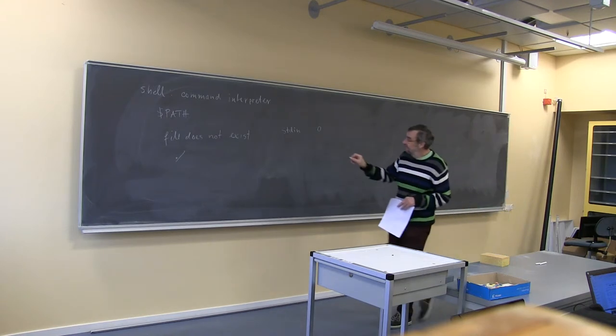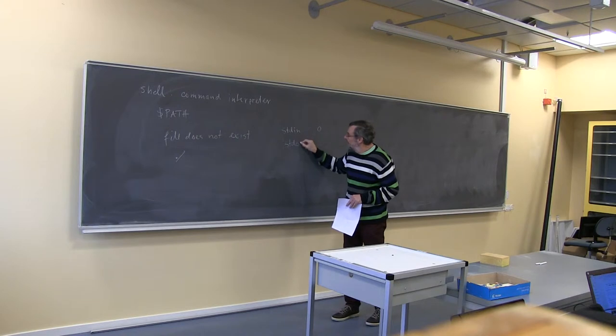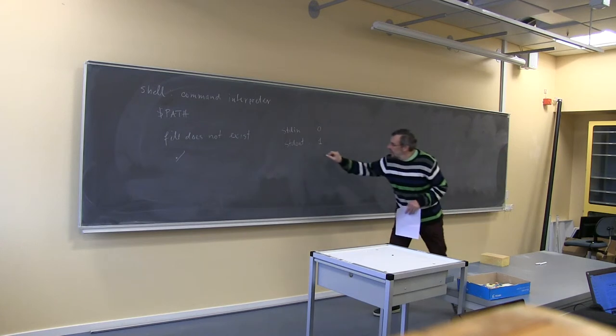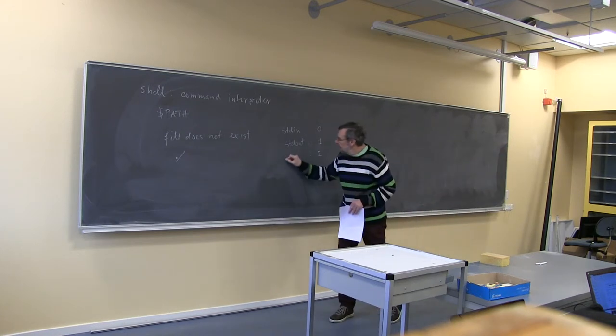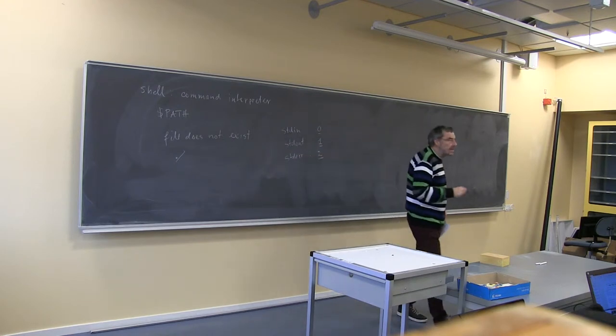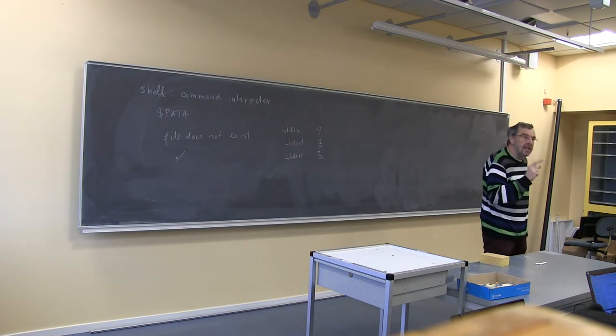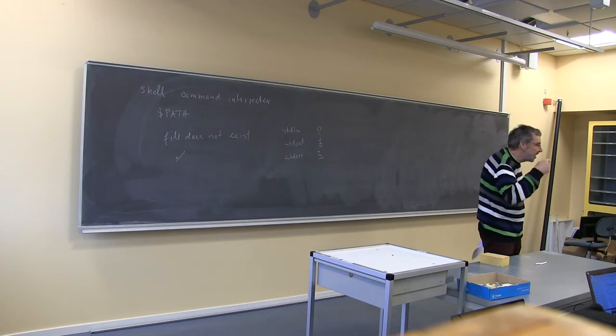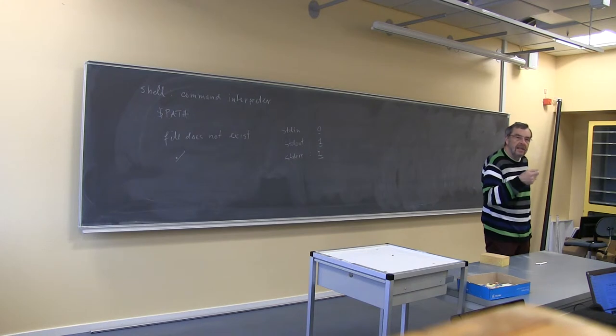Standard out is file descriptor 1, and standard error is file descriptor 2, because these three file handles are always accessible to any program. So when you run a program, it always has file handle 0, file handle 1, and file handle 2 available. And because they are always available, we say that they are standard input, standard output, and standard error.